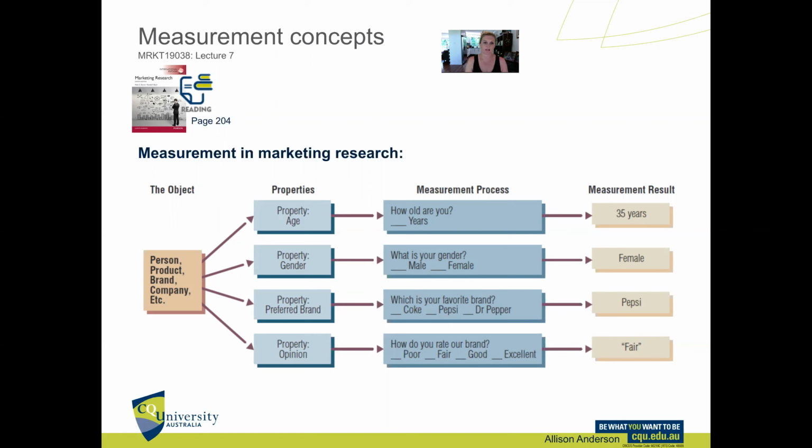Okay, so measurement in marketing research. This comes straight out of the textbook on page 204. The object can be a person, product, brand or company. You measure the properties. Properties of any of those things could be age, gender, preferred brand or opinion.